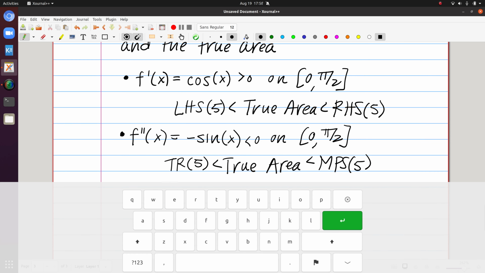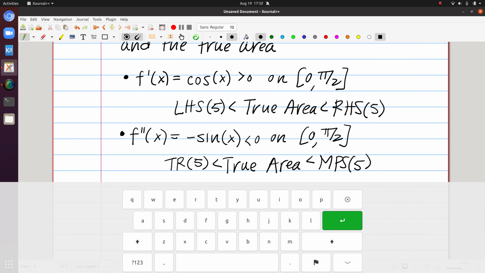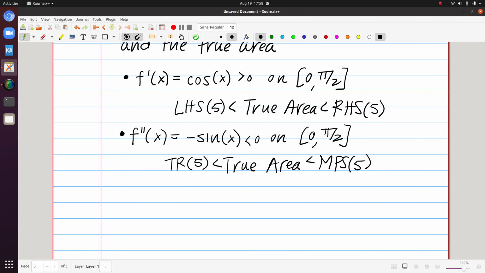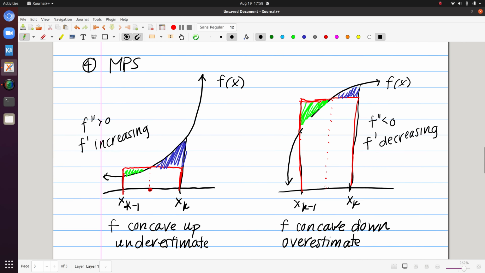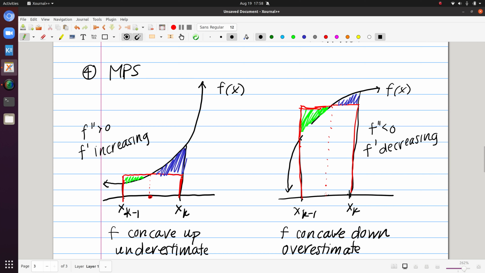So the last thing I have to do is now figure out how to kind of weave these things all together. So we know that the true area here is in the middle, and we're considering these different over and underestimates. So if you think about the fact that this is increasing, so we said it's increasing and it's concave down. So I could kind of look at this last picture here.